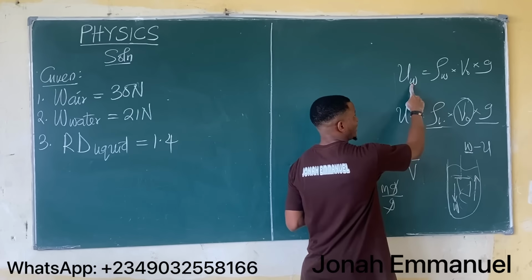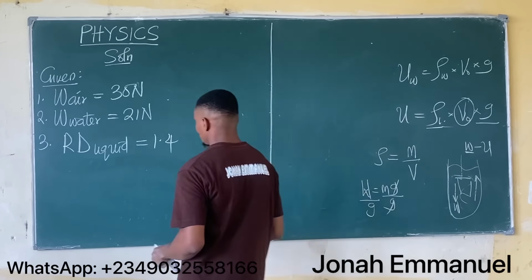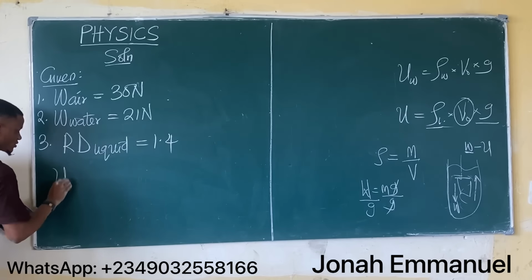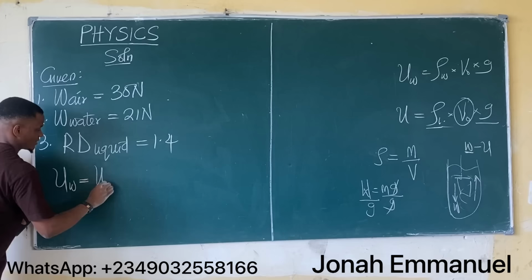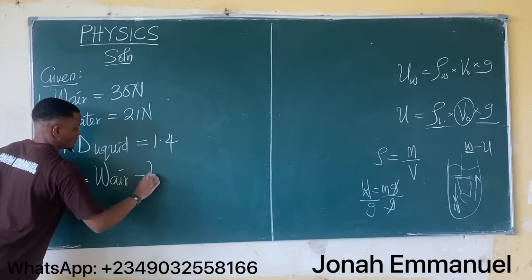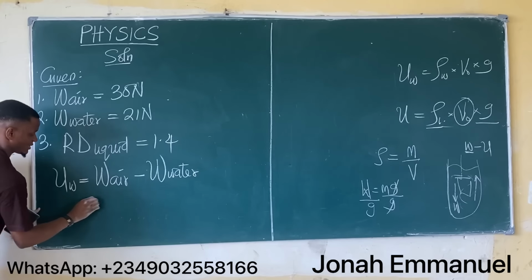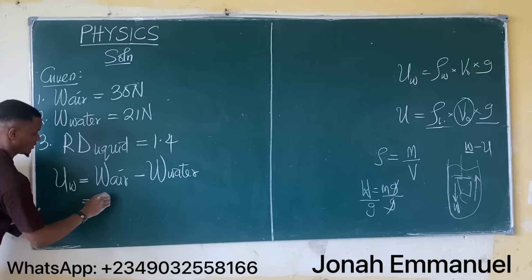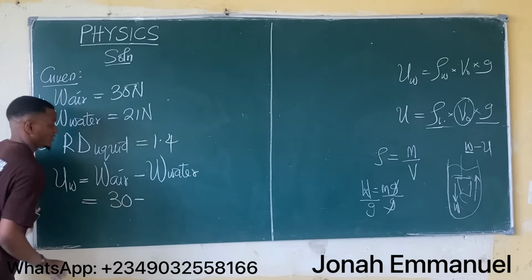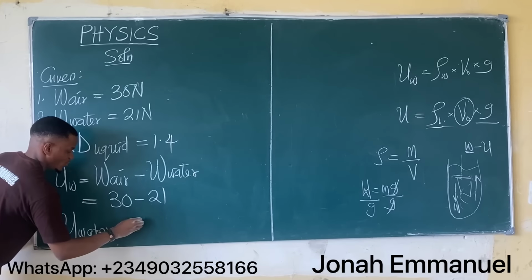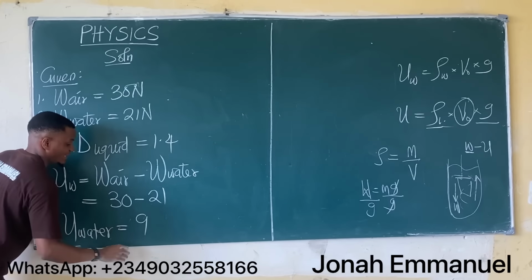So first of all, let's get the upthrust in water. We know that the upthrust in water will be equal to weight in air minus weight in water. That's weight in air, 30, minus weight in water, 21. So the upthrust in water is equal to 9, of course in Newtons.